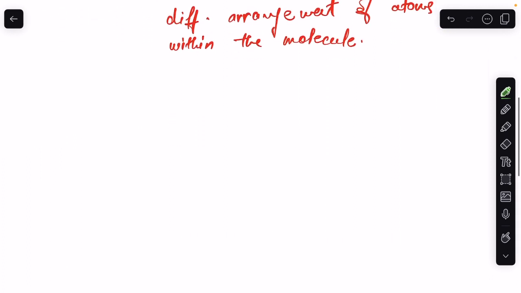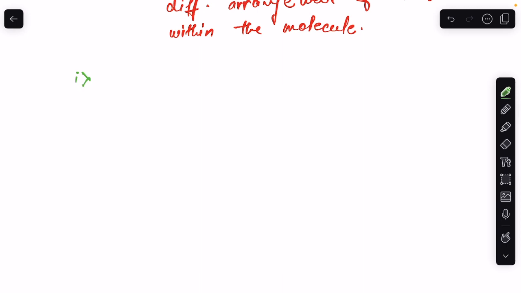First of all, we have chain isomerism, which is also known as nuclear isomerism.